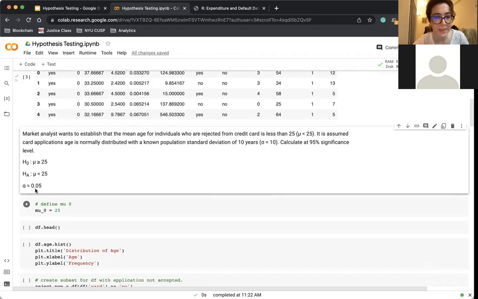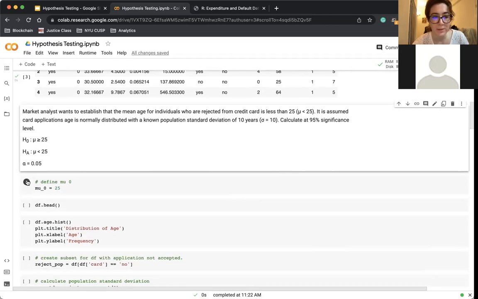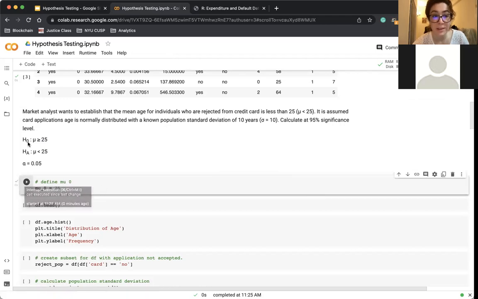We'll visualize what this looks like, but pretty much we're trying to define that the average age is less than this value, because that would be evidence to reject the null hypothesis if we see a value.